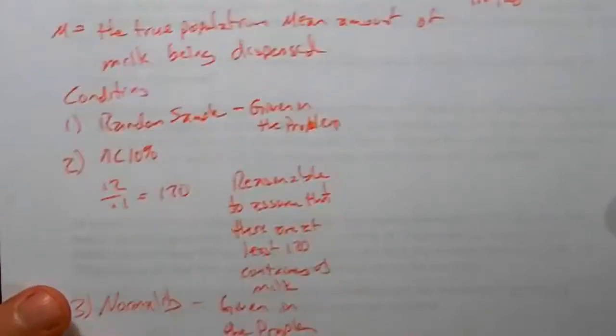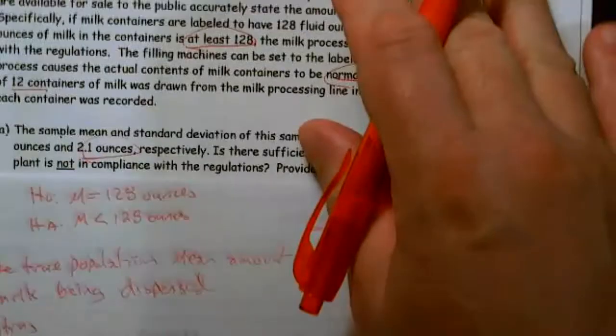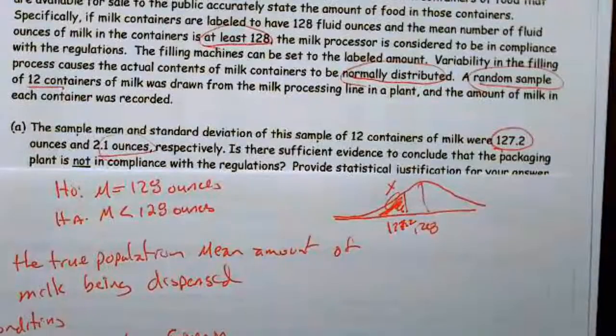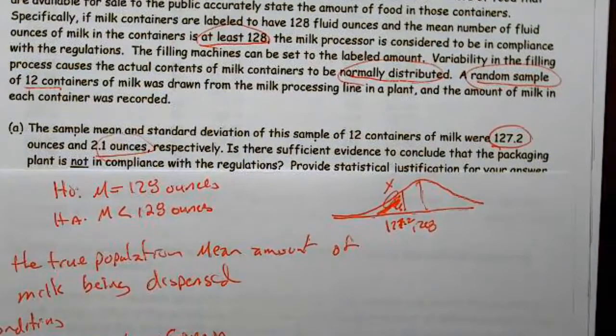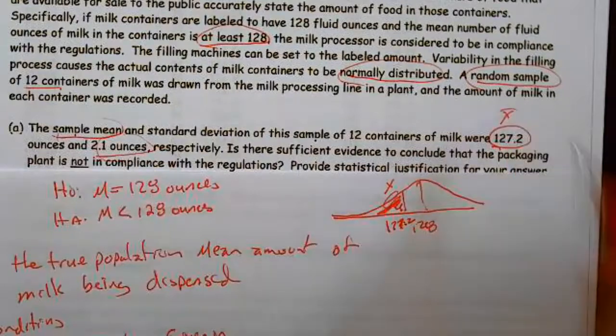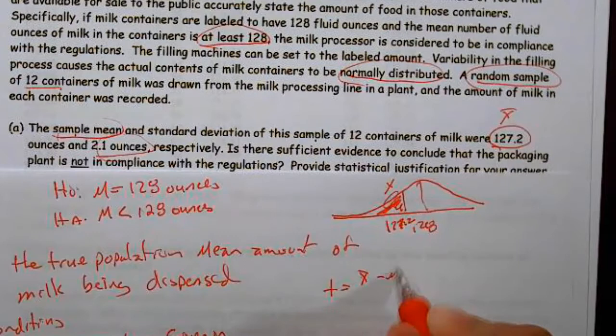All right, so we're going to be running a hypothesis test because they said calculate evidence, and they told me the sample mean. So this tells me that I have an x bar. So t equals x bar minus mu over s divided by square root of n.